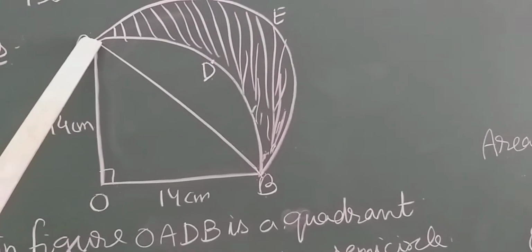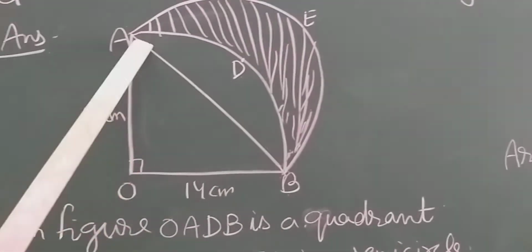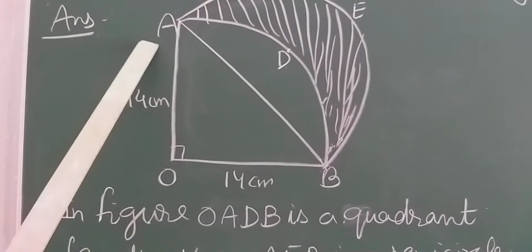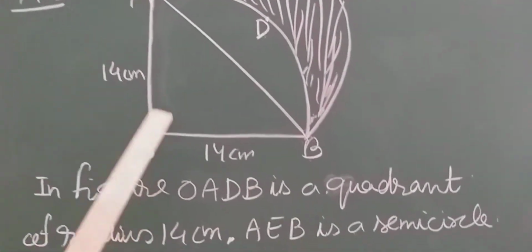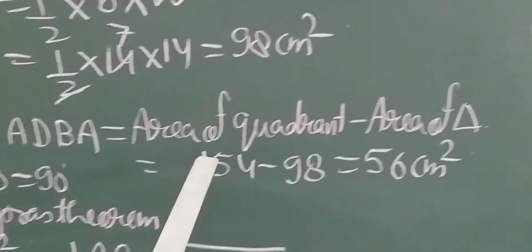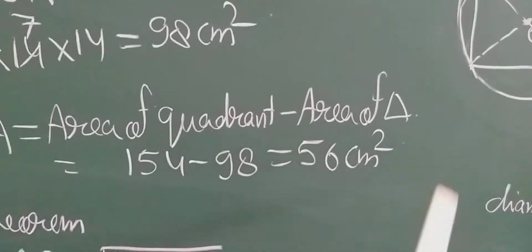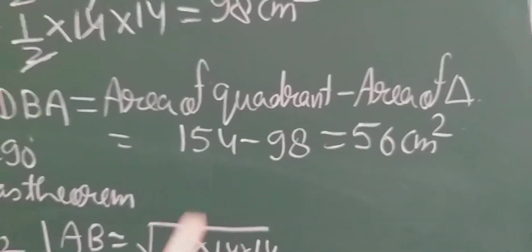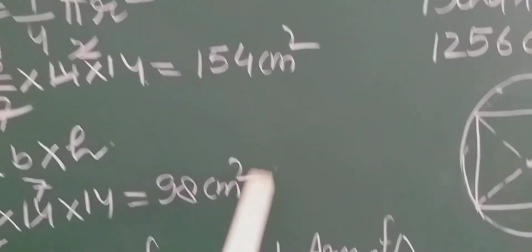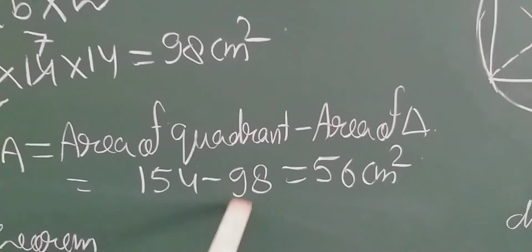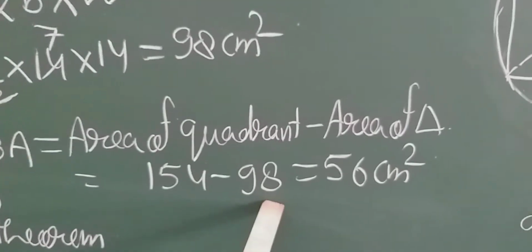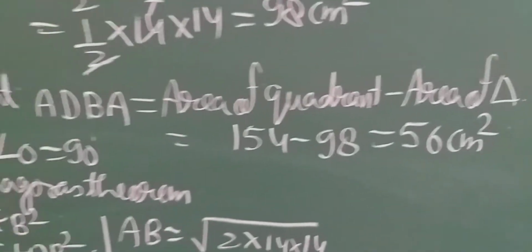To calculate area ADBA, we can subtract area of triangle from area of quadrant. So area of segment ADBA equals area of quadrant minus area of triangle. Area of quadrant 154, area of triangle 98 centimeter square. So 154 minus 98 is 56 centimeter square.